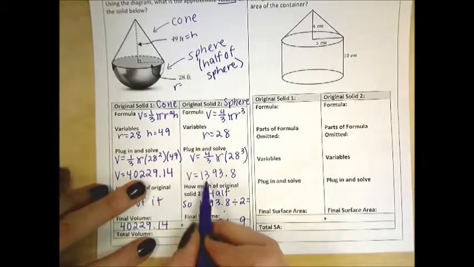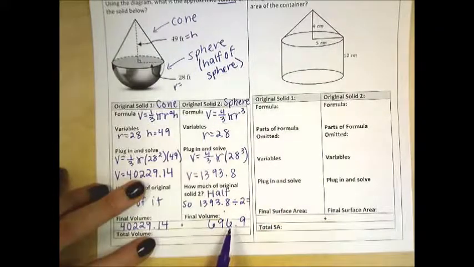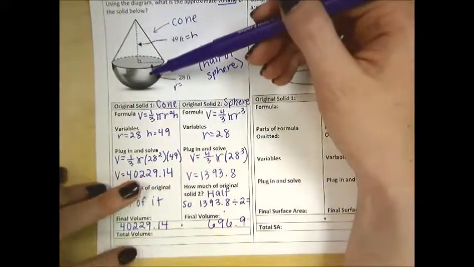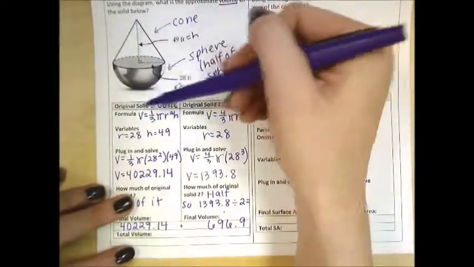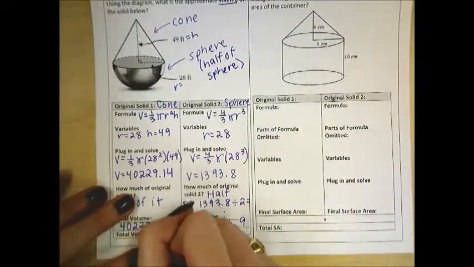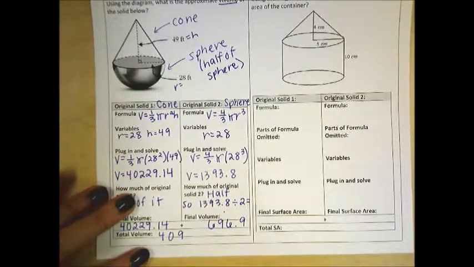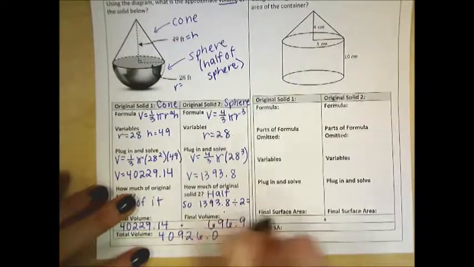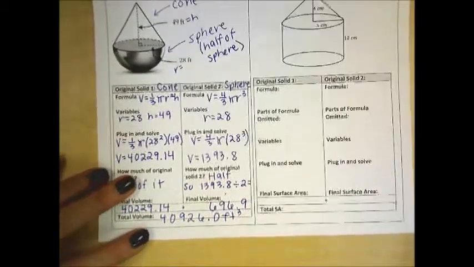So this is half of the total sphere's volume, but since I only have half of a sphere here, that's what I need. So now that I have the volume of the cone and the volume of the sphere, if I just add those together, it gives me the volume of this entire composite solid. So adding those together, I get 40,925.9. So that rounds to 26.0 feet cubed. Oops, there you go.